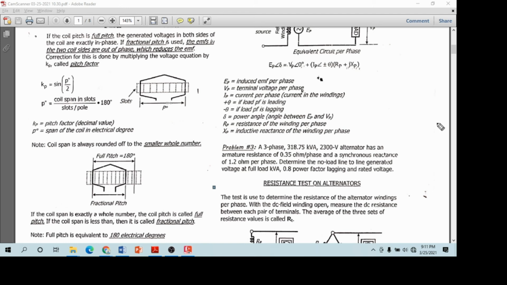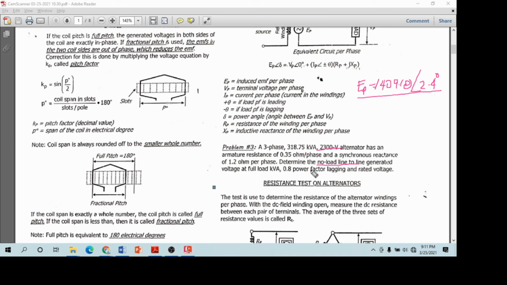Since we already have the EP, which is equal to 1,409.18 at an angle of 2.4 degrees. Now, what is this? And what is this?